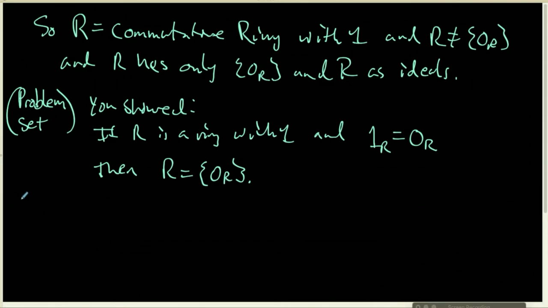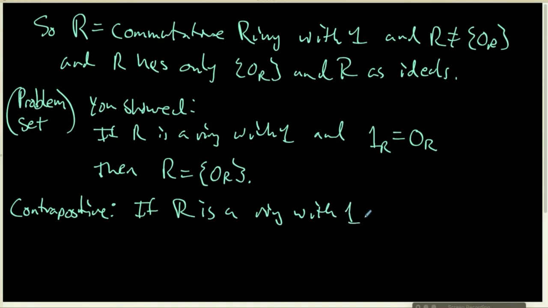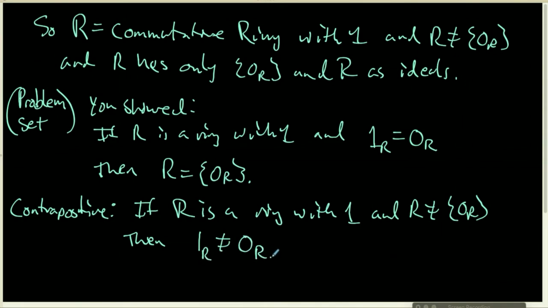The contrapositive of what you showed is that if R is a ring with a multiplicative identity element and R is not the zero ring, then we know that the 1 inside the R is distinctly different from the 0 inside the R. And we're actually going to need that contrapositive to finish off the proof of the converse of the main theorem.